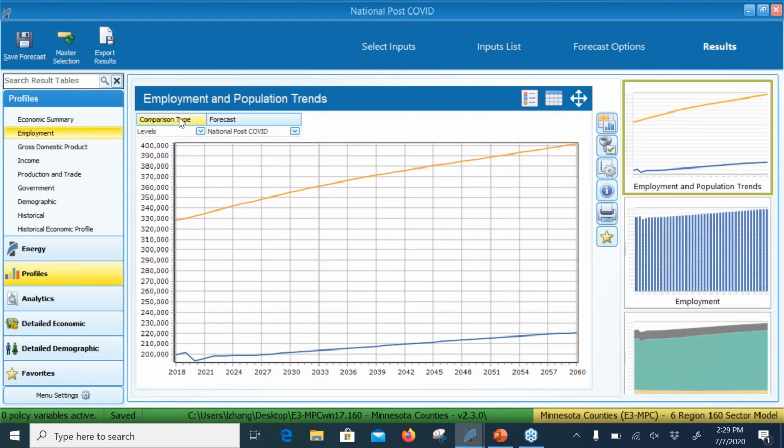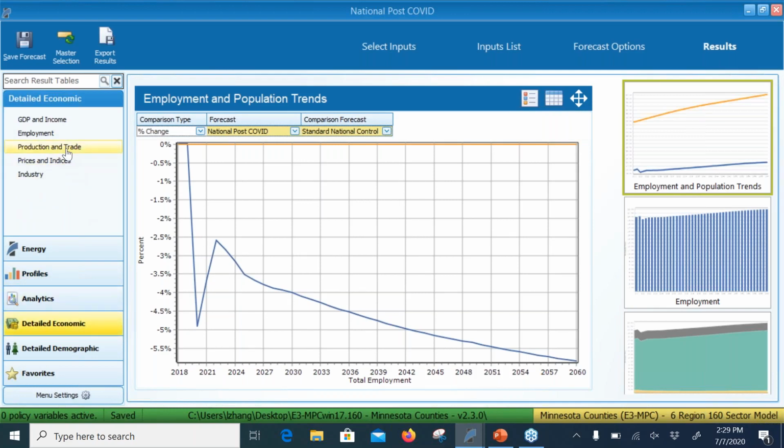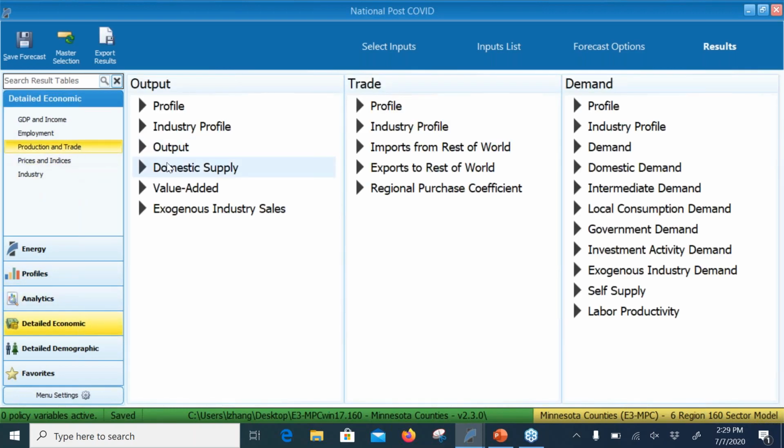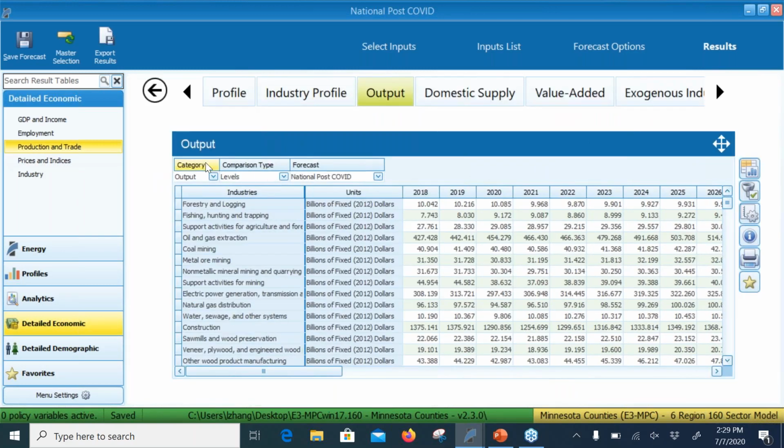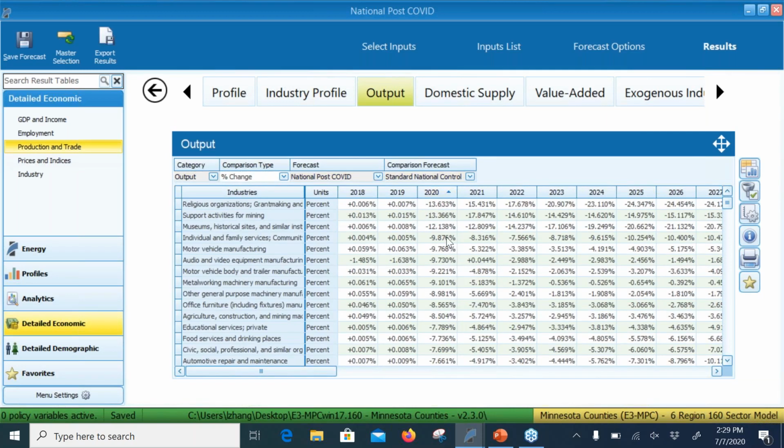And so we can look at employment, percent change of employment. We can look at it at the detailed economic level. So, production and trade. Let's look at the differences in output before and after COVID.